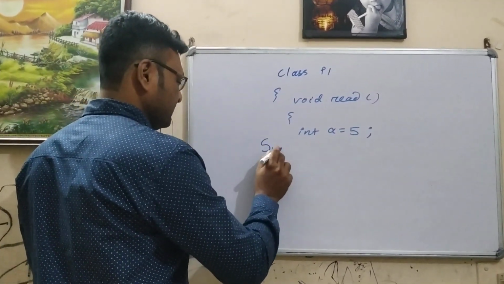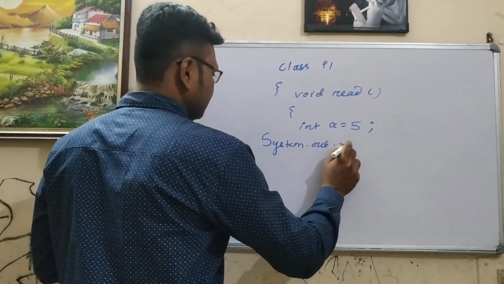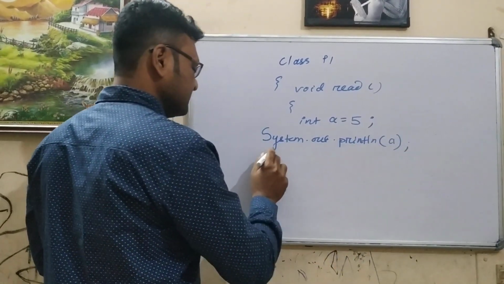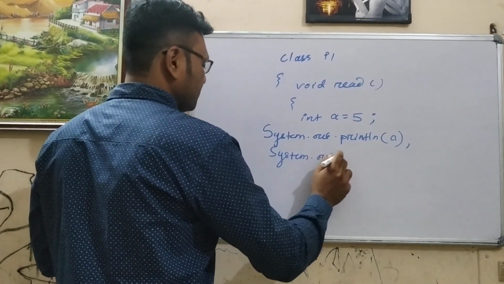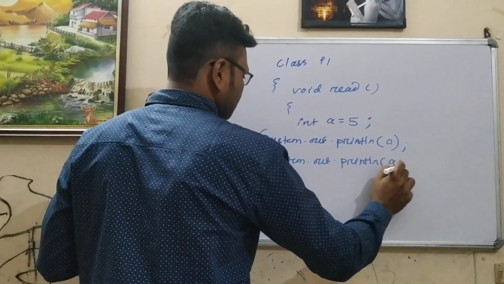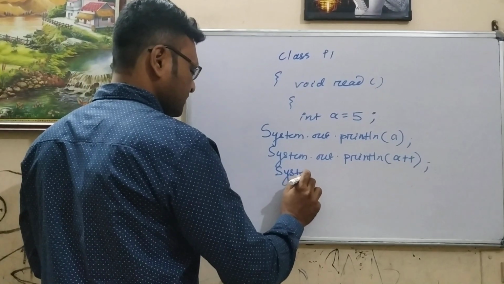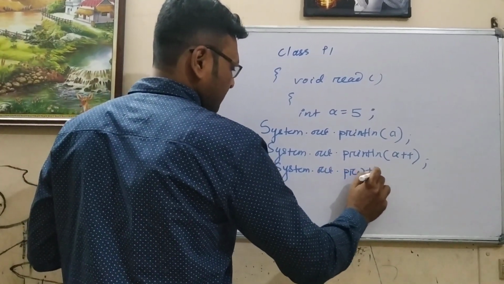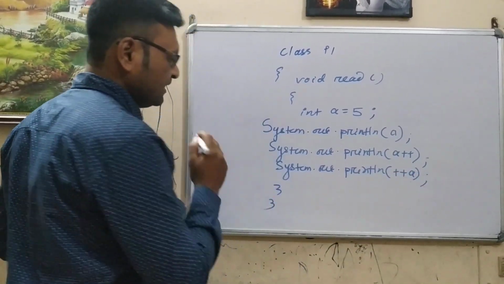Then my statement is System.out.println(a). Second statement, System.out.println(a++). Third statement, System.out.println(++a). Now children, you can see the output.